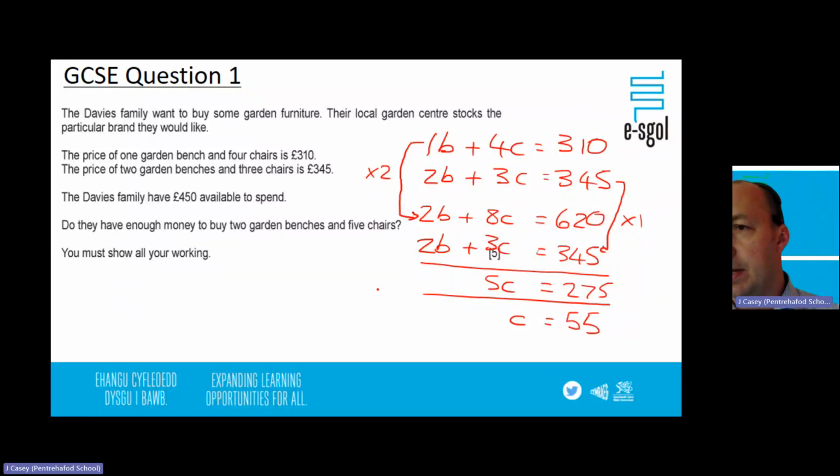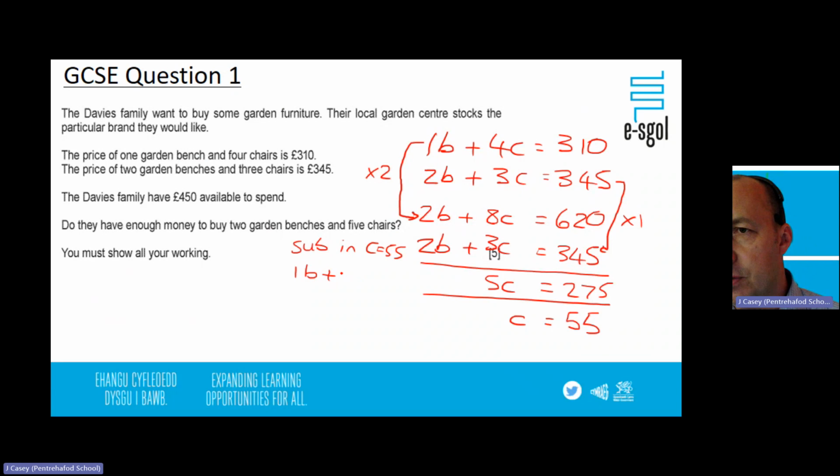I now need to sub in to find the cost of the bench. So I haven't got a lot of space. So I'm going to sub in C equals 55. I think I'll choose maybe that top equation. So this one here. So I've got 1B, so I'll do 4 times 55 now.